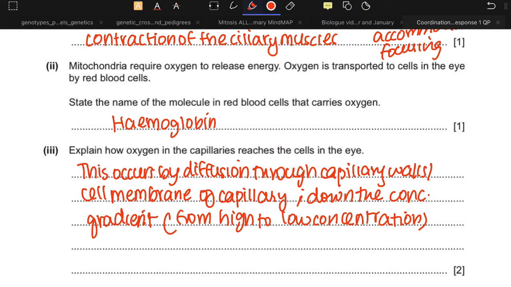And diffusion, why is it diffusion and why not something else? This is how I like to think. This is because it does not require energy.